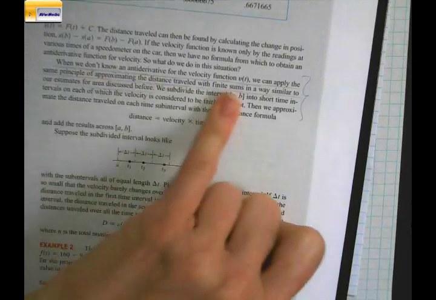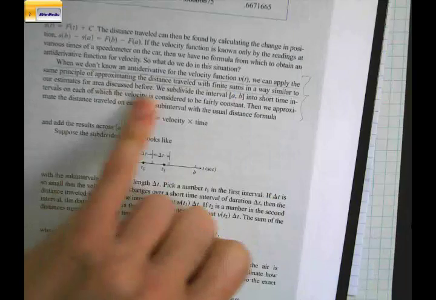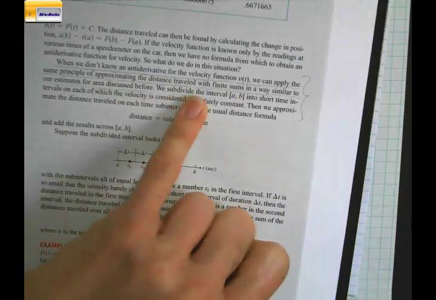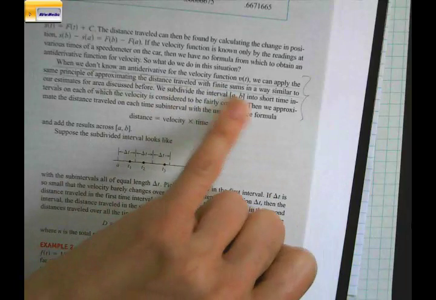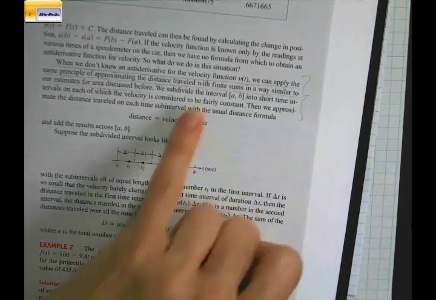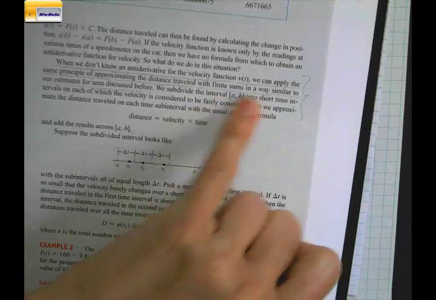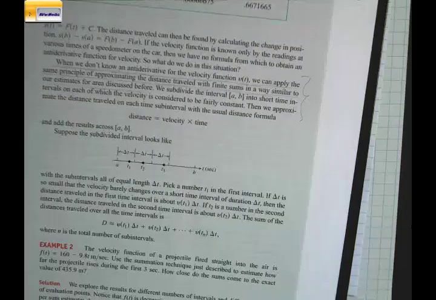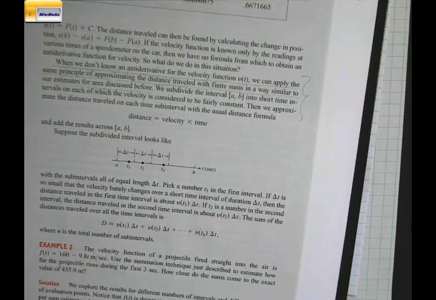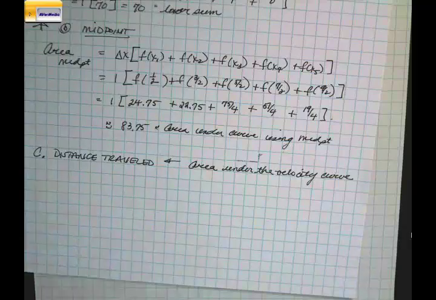We can apply the same principle of approximating the distance traveled, because the antiderivative of velocity is distance, by using finite sums, meaning sums of the areas of rectangles, a very specific number of them, in a way similar to finding the estimates under the area under a curve. So if you have a velocity function that you can't take the antiderivative of, you can always go to using the area of the rectangles under the curve to come up with the distance the object has traveled. So the antiderivative of velocity is distance.